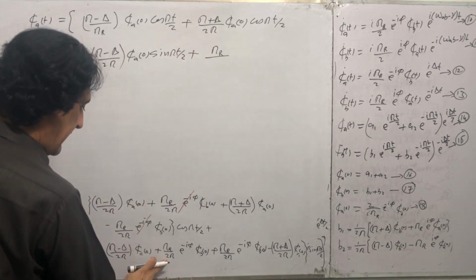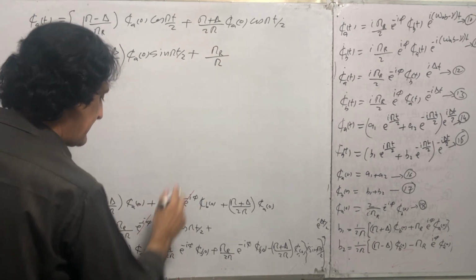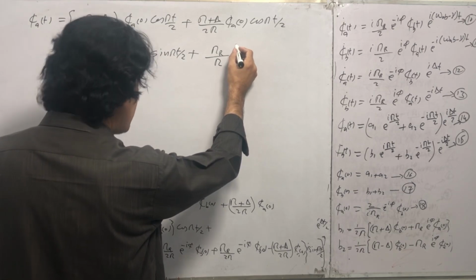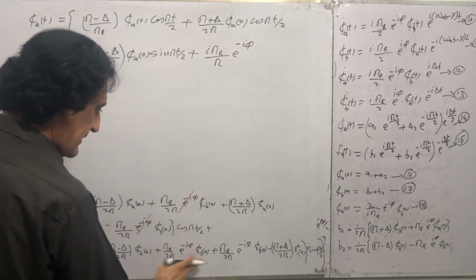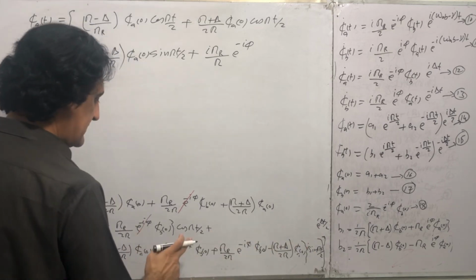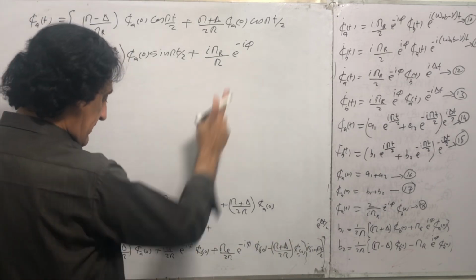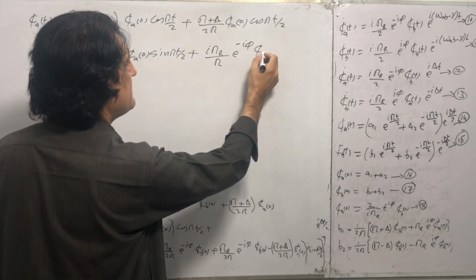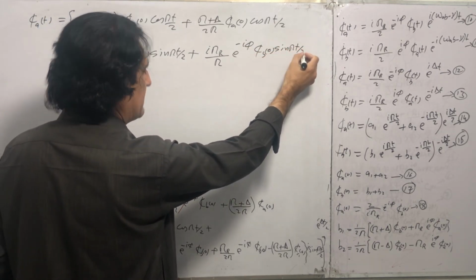Then we have only omega r divided by omega and e to the power minus iota phi, also iota, because this sine theta is some iota, e to the power and Cb of 0 and sine omega t divided by 2.